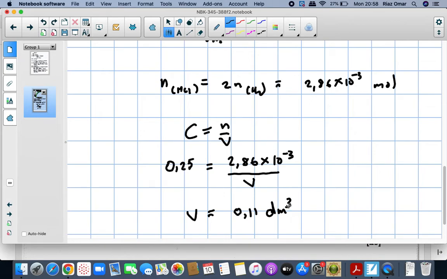Okay, so that will be the answer for 5.2.4, and that will be the end of question 5.